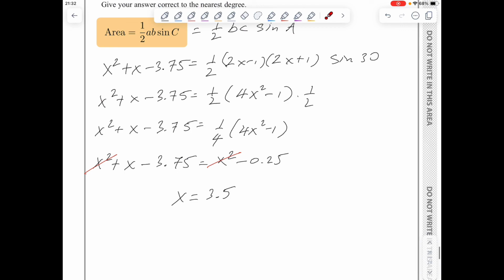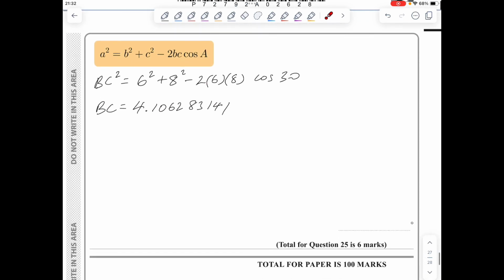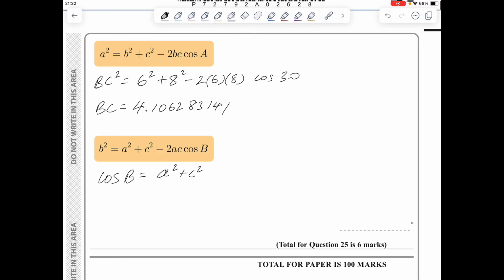Rearranging this formula, cos B is equal to a squared plus c squared minus b squared over 2ac.